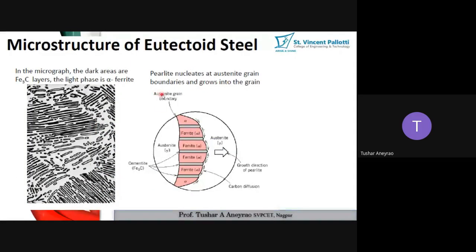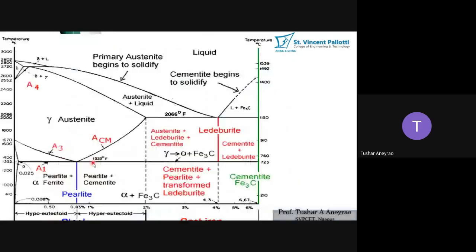You can see here the austenitic grain boundary is there, and here we are getting the streaks of alpha ferrite and the cementite, and the appearance of this is going to be like this. And the mixture which is at this point is called the eutectoid mixture, and perlite is getting formed out of it.